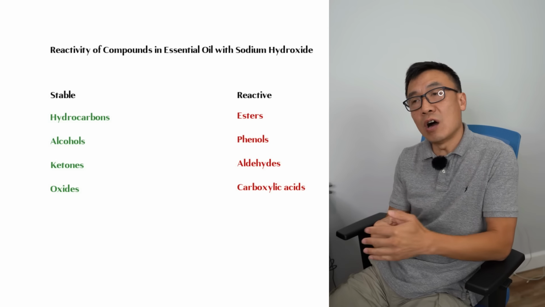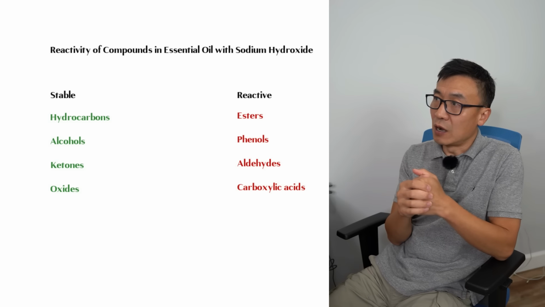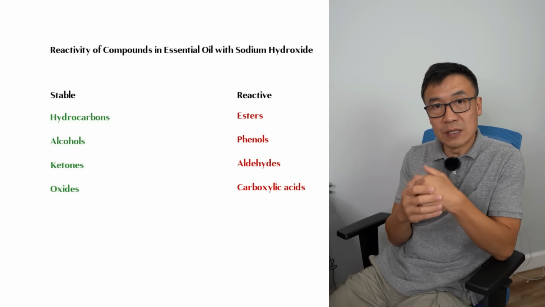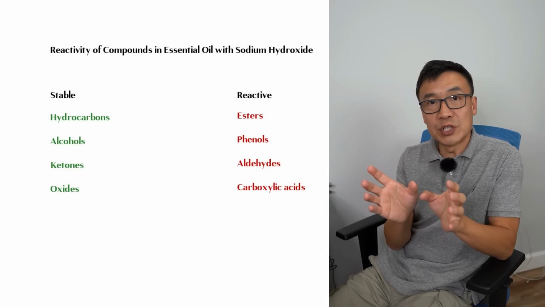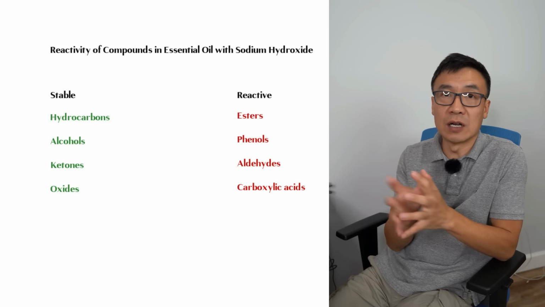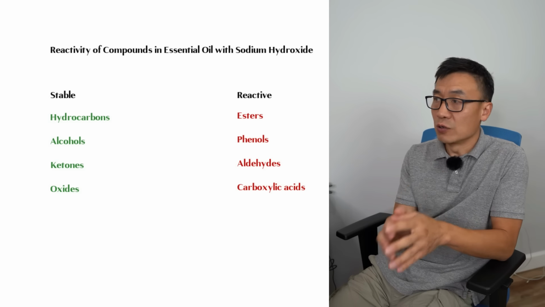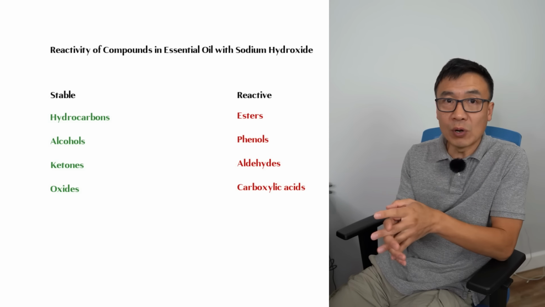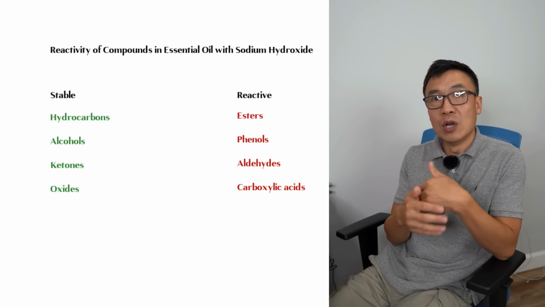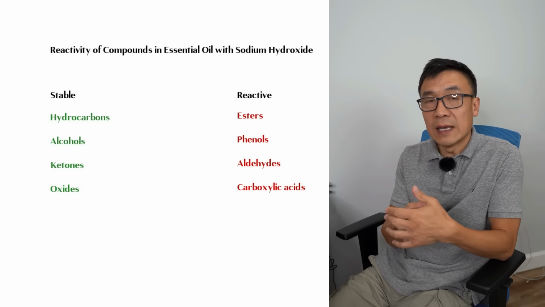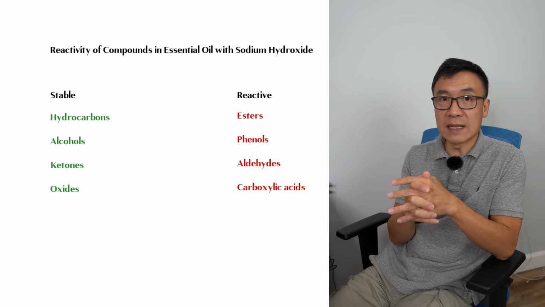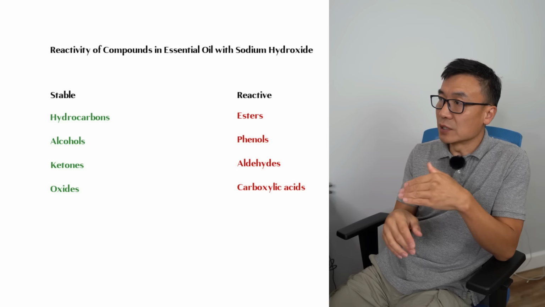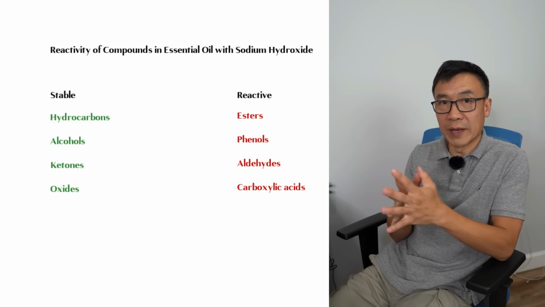So when we talk about the stability of the essential oil in soap making, we talk about how much ratio of those reactive portions. If you have a more stable portion, then your essential oil will become stable, and even survive through the process. But the reactive portion will be reacted.